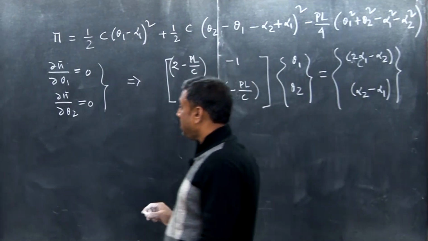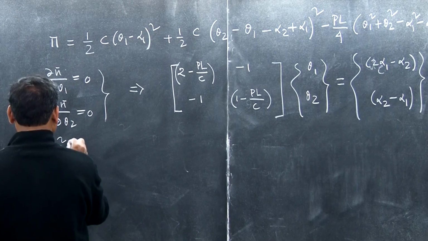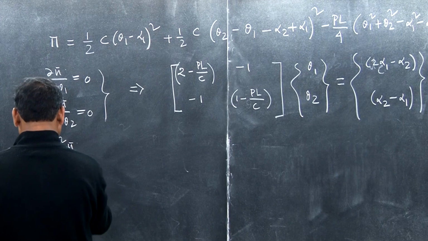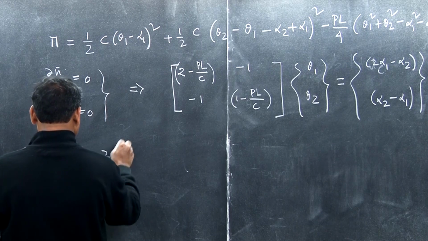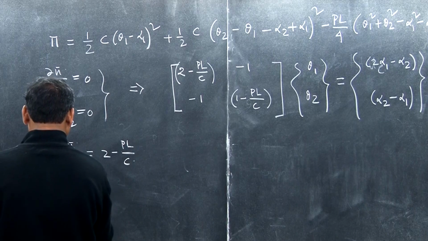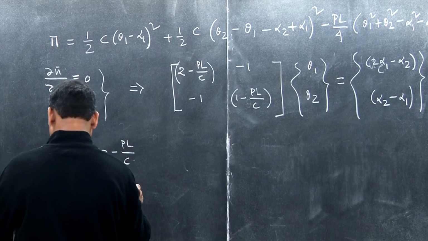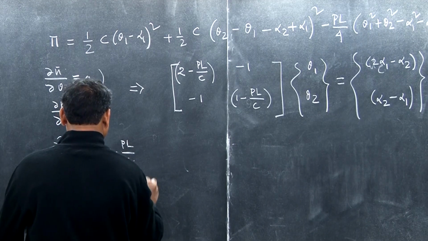And then you will see, for the Hessian, del 2 pi del theta 1 squared is 2 minus PL by C, and del 2 pi del theta 2 squared similarly. The nature of equilibrium will not change.